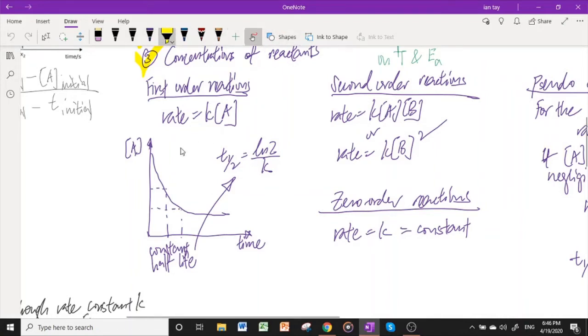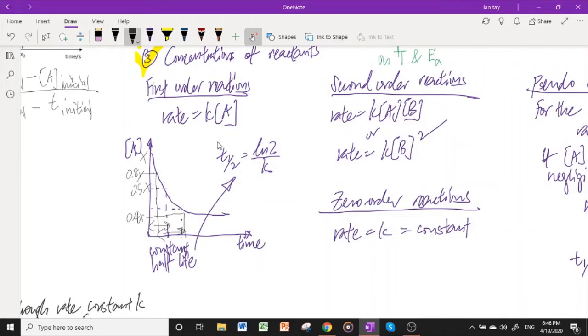In other words, if the rate equation is dependent on the concentration of A to the power of 1, then plotting a graph of concentration of A against time, we'll get a curve such that the time taken to go from say x to half x, and the time taken to go from say 0.8x to 0.4x, which are basically two separate half-lives, will be equal in value.